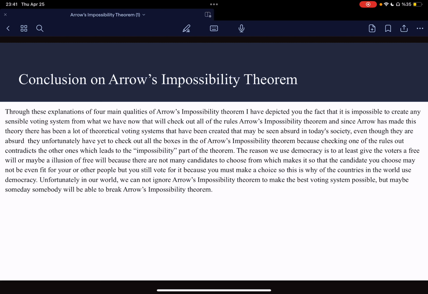And since Arrow made this theorem, many theoretical voting systems have been created that may seem absurd in today's society. Even though they are absurd, they unfortunately have yet to satisfy all the rules of Arrow's impossibility theorem, because satisfying one of the rules contradicts the other ones, which leads to the impossibility part of the theorem.